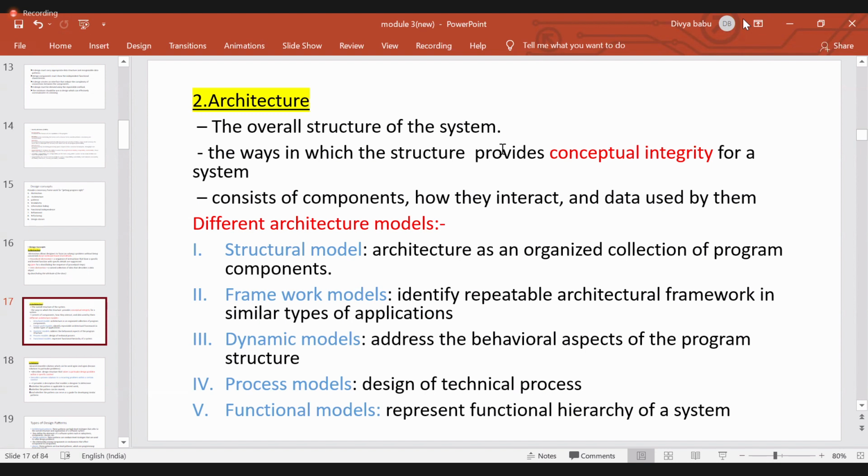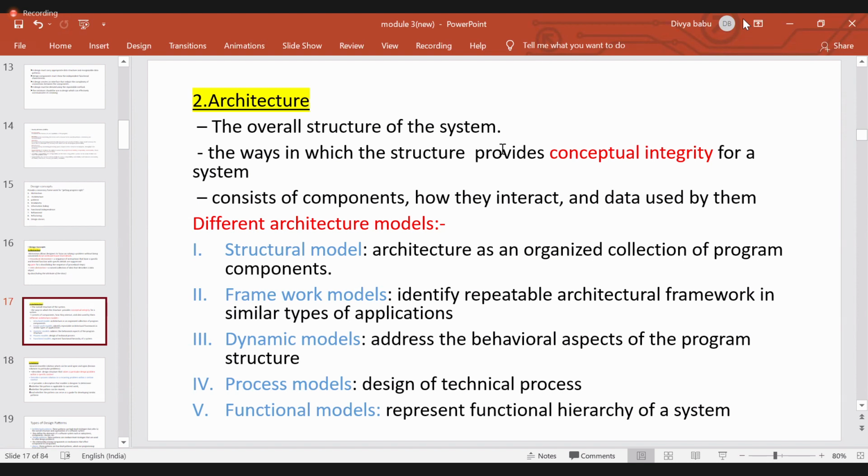Dynamic means behavioral diagrams, which are dynamic in nature. The behavioral aspects of the program structure are dynamic. Some parts are stationary, some are changing.